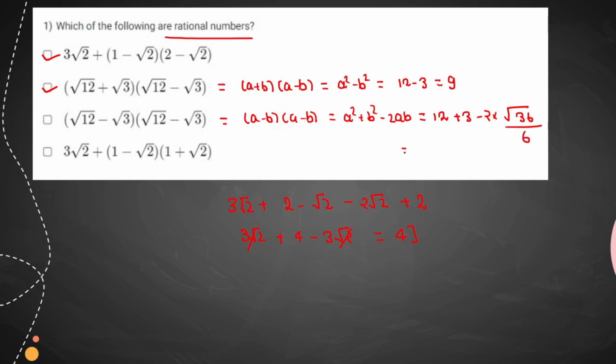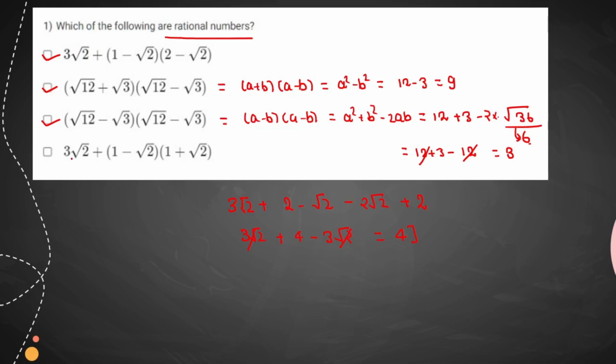So it will be equal to 12 plus 3 minus 12. Root 36 is 6, times 2, that will give 12. So 12 minus 12 will balance each other, so finally it will give 3. So 3 is a rational number, so option three is also correct.